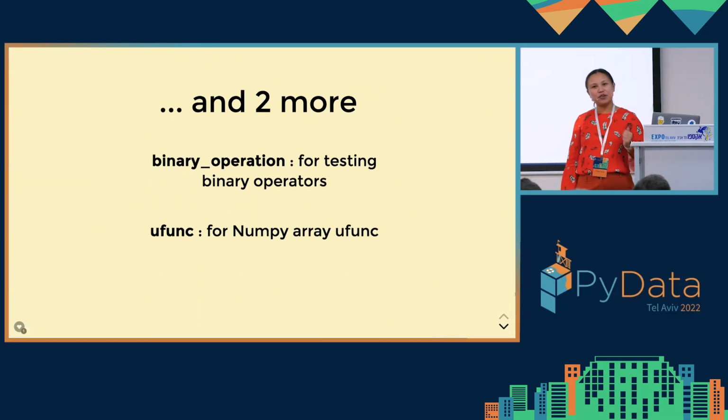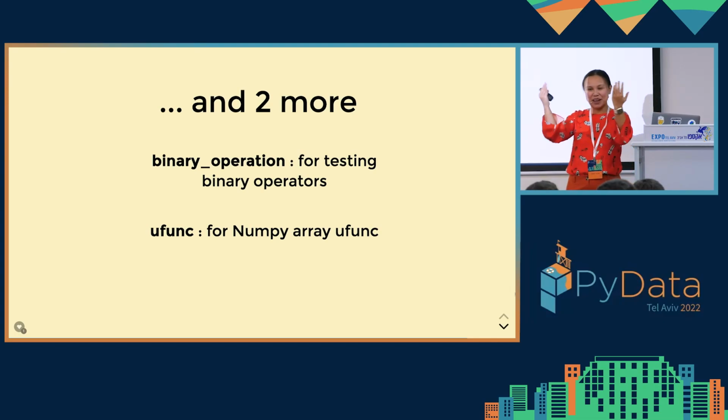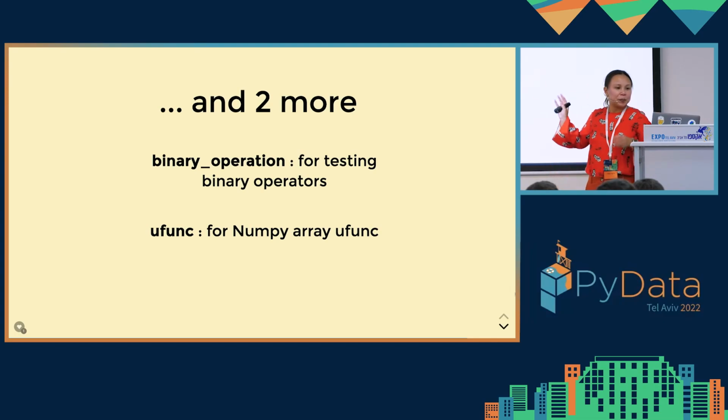There are actually two more, but they appear less and will be less used. That's why I put them here in one slide. For example, binary operations. Sometimes we write custom binary operations, like plus, minus, equal, all this stuff. They are binary operators because you have two things, that's binary, and then there's the operator.